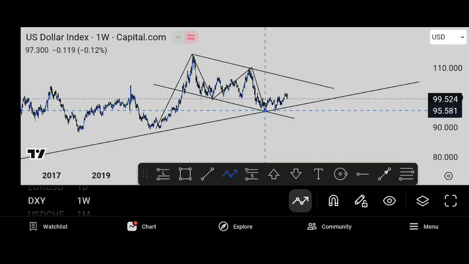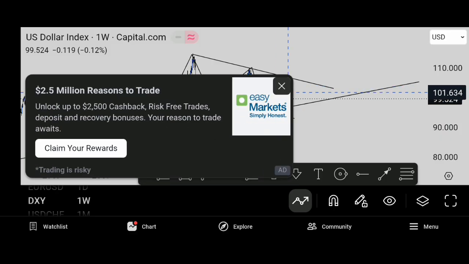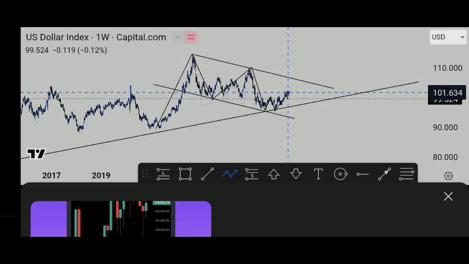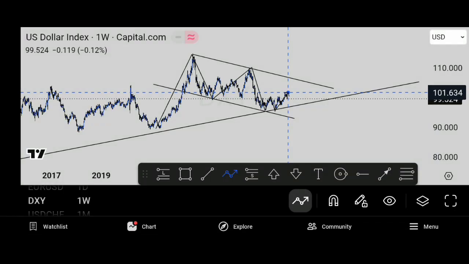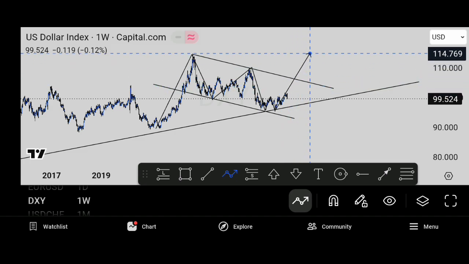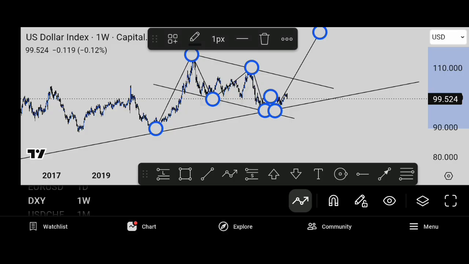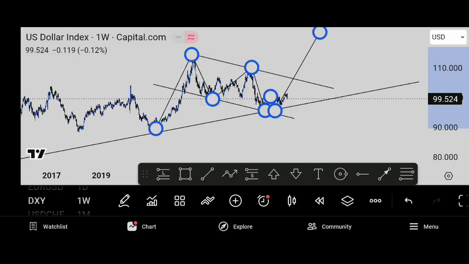So we also have this double bottom here. That clearly means that we will be expecting the DXY to continue moving to the upside to create another impulsive move, or a continuation, whatever you guys want to call it, right?